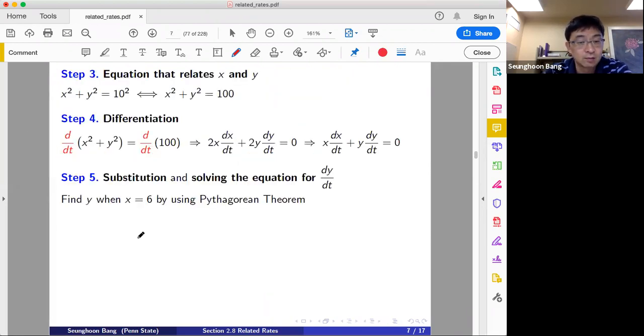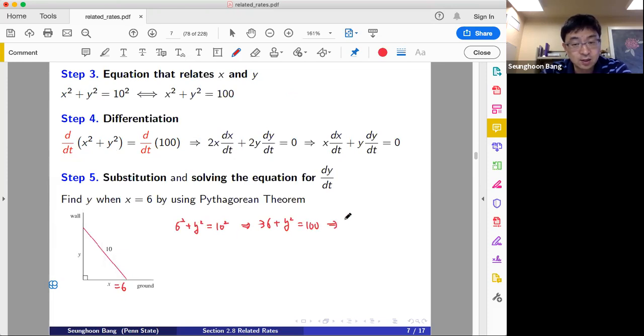So you can find it here with the Pythagorean theorem. x equals 6, find y. 6 squared plus y squared equals 10 squared. So we have 36 plus y squared equals 100.